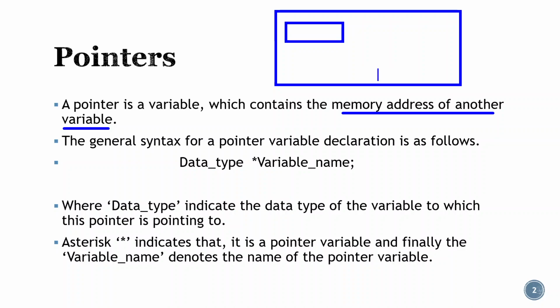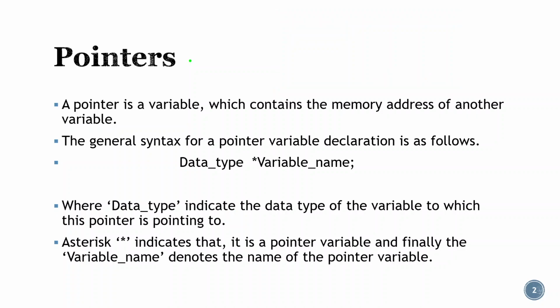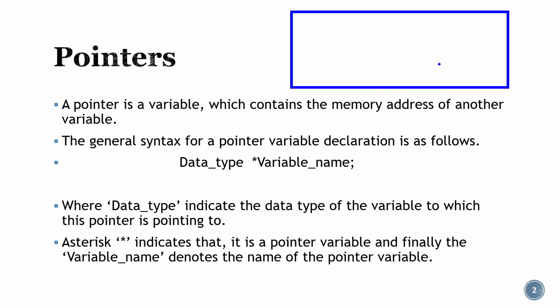So if this is the memory of the computer, in particular the RAM of the computer, you create a variable. Let me just redraw it again. So I have the memory here. This is one location here. Let me just count this one as memory.